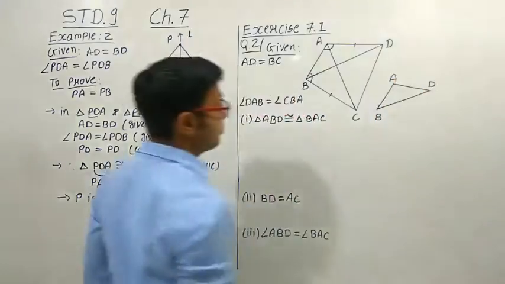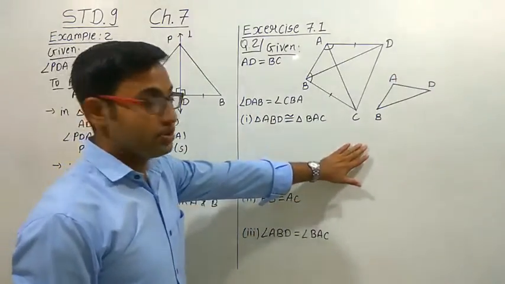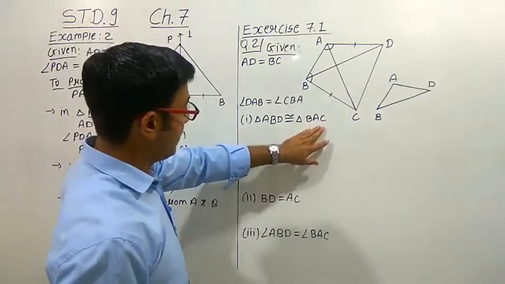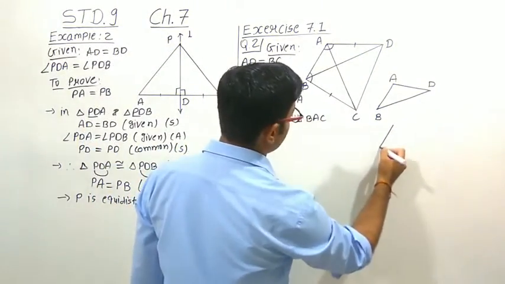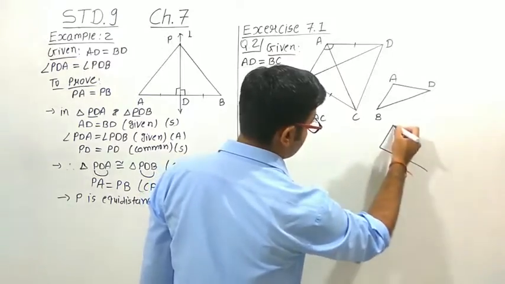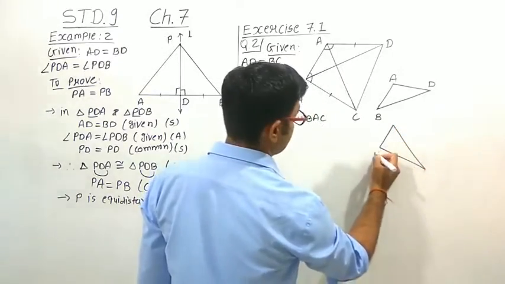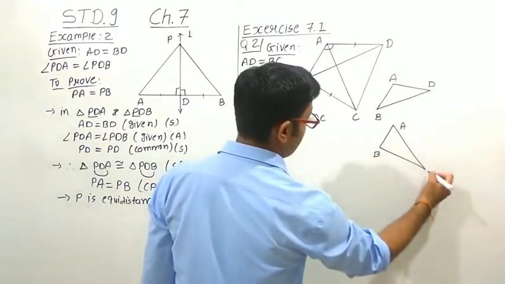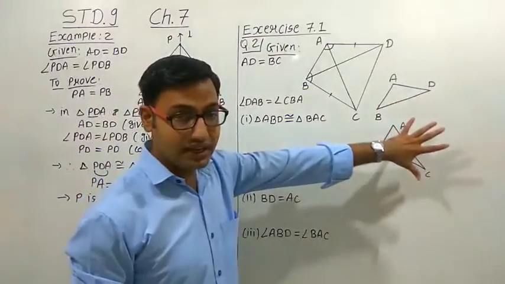You separate out the triangle so that it will be easy to understand. Again, separate this triangle BAC. So BAC is like this. This is B, this is A, and this is C. Now we have separated out both the triangles.